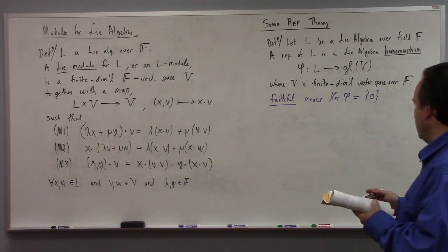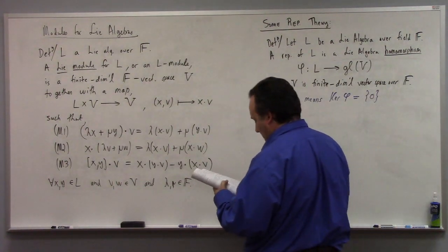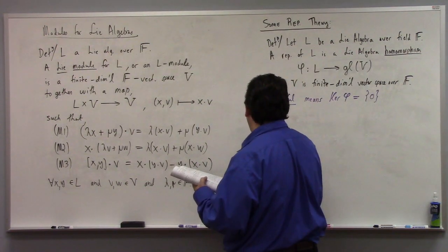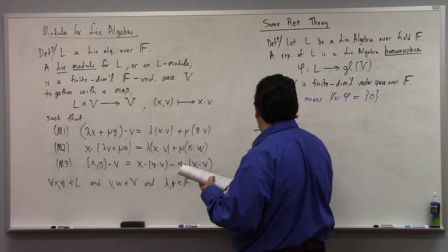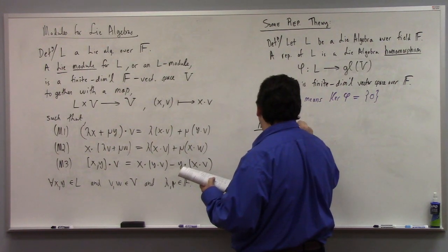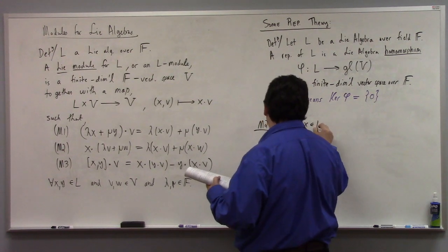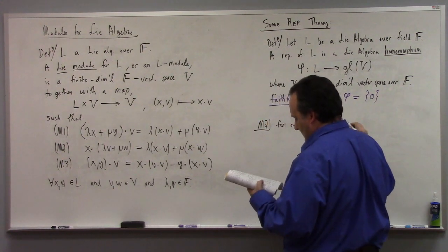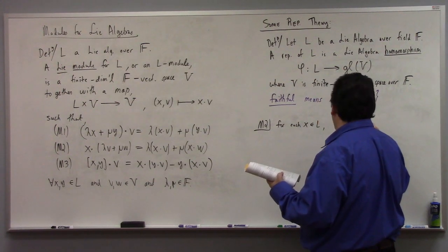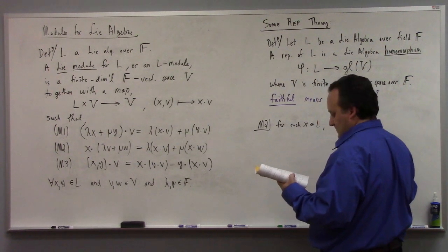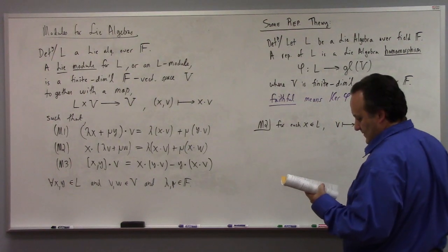And condition M2 implies, let me write this, that for each x in L, the map v maps to x dot v is linear.